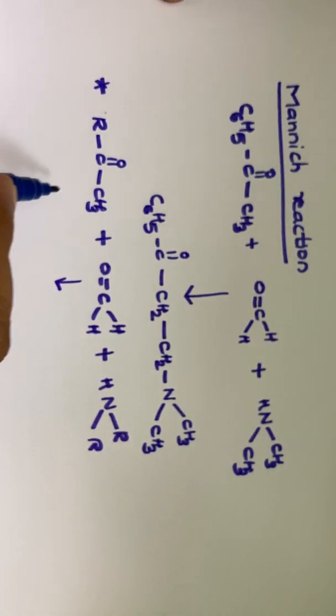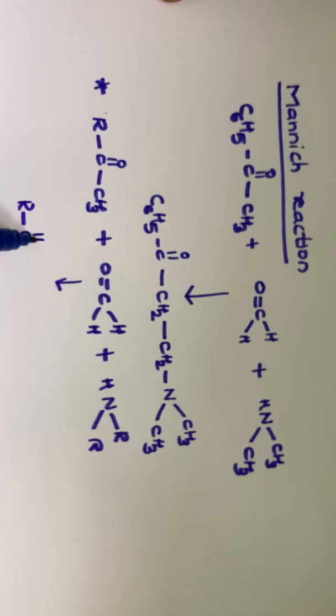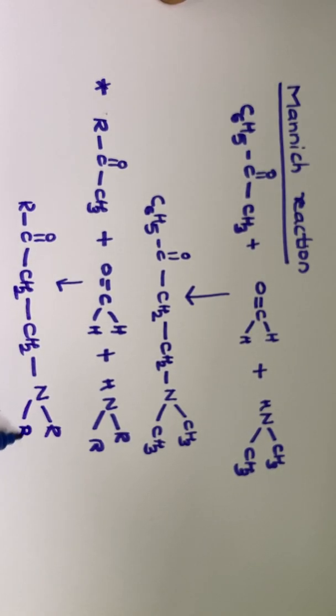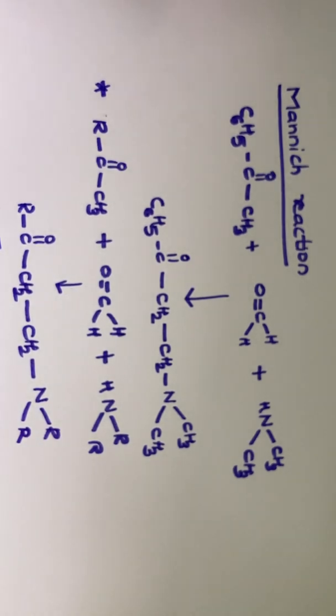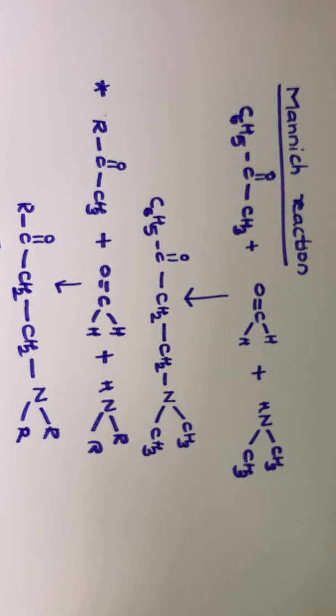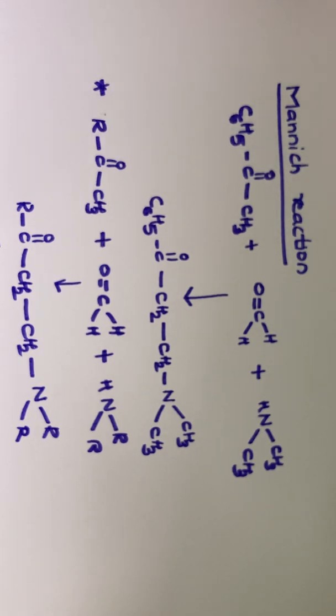The product will be R, C double bond O, CH2, it will attack here, CH2, N, R. This is referred to as Mannich bases. We call them beta amino ketone, beta amino aldehyde, or a ketone will be formed. Beta amino aldehydes or ketones are formed. This reaction is called the Mannich reaction.